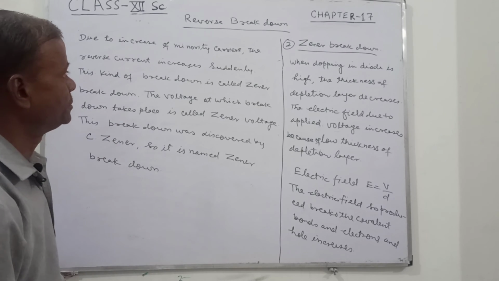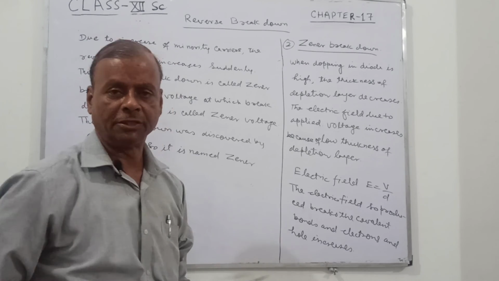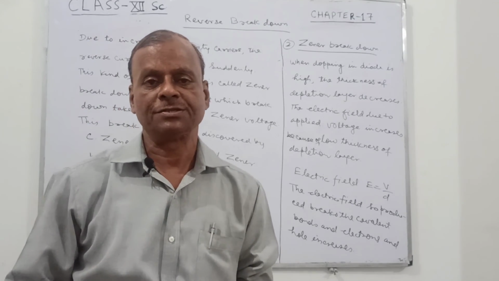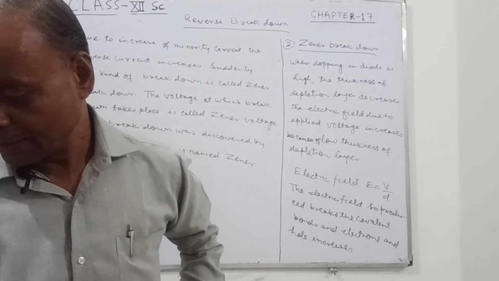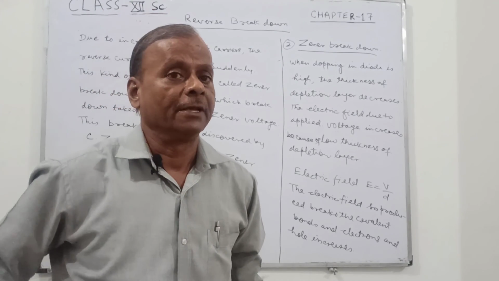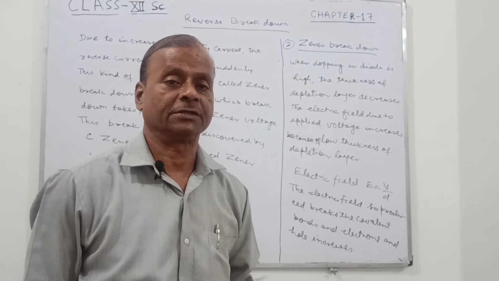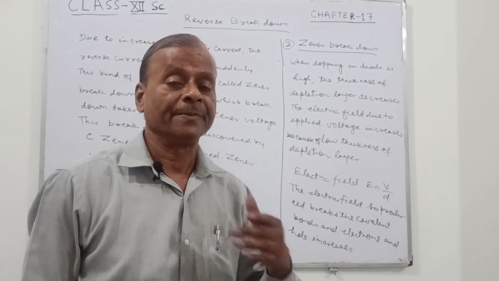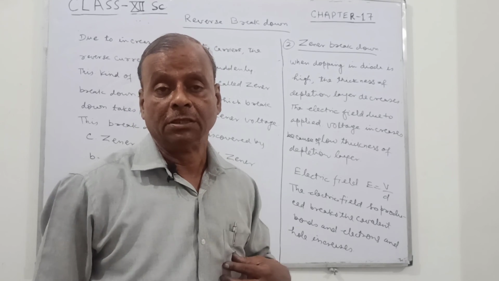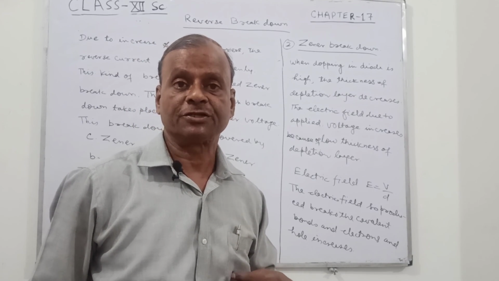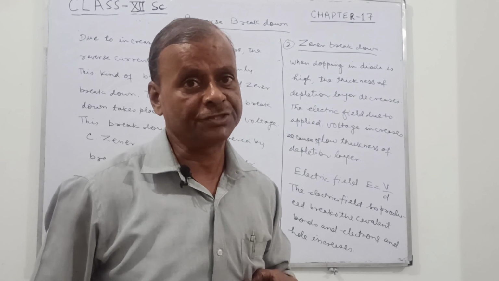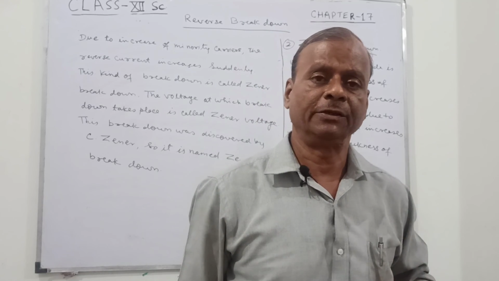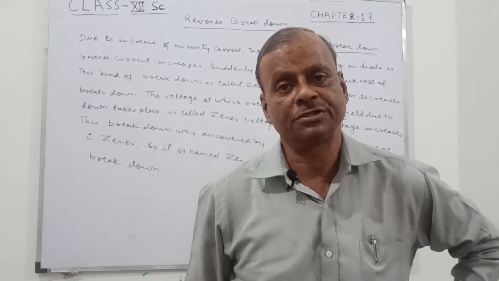So this is about the reverse breakdown, which I told you is of two kinds, avalanche and Zener, and both are different kinds of breakdowns. In avalanche, there is the collision of the minority carriers with the covalent bonds, from which they liberate electrons and produce holes.